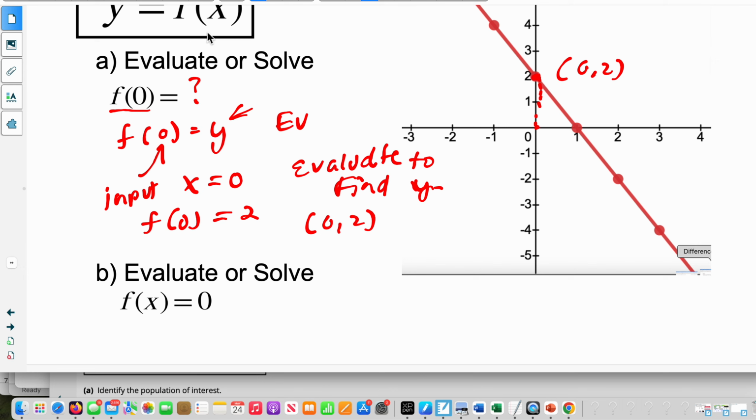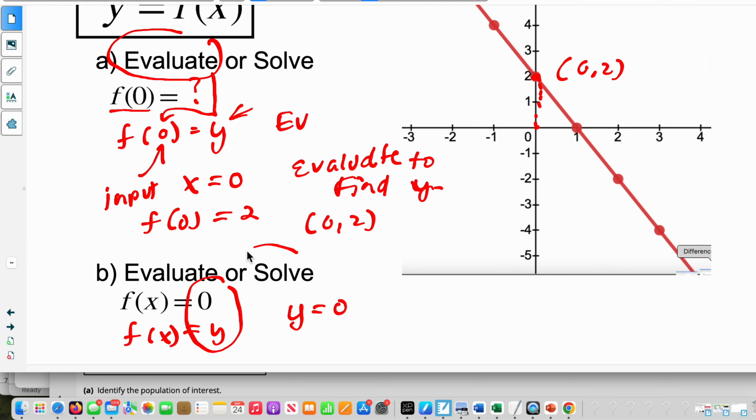So in this case, I evaluated because I was given the input. If I look at this case, f of x equals 0. Well, I can always write this as f of x equals y. So I'm given y equals 0, and I want to solve for x.